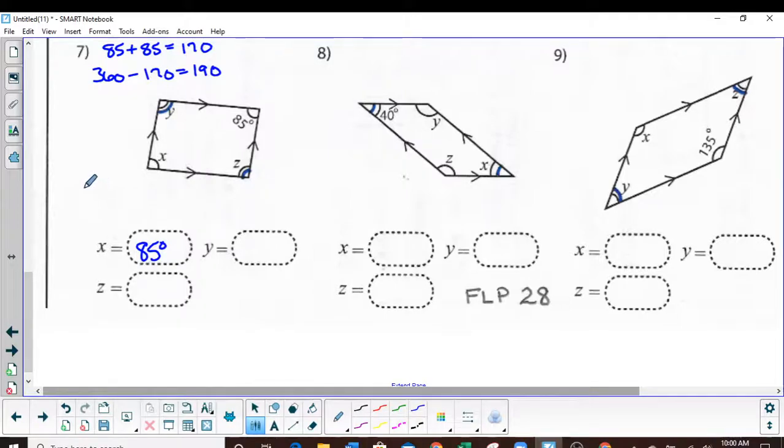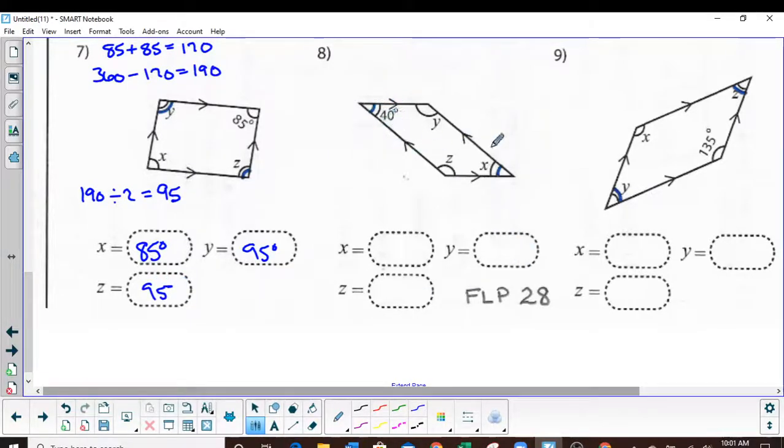Okay, if I take my 190 and I divide it by 2, it equals 95 degrees for y and z. Okay, two more. Hang in there.